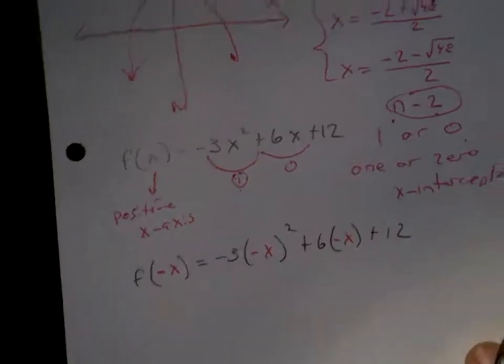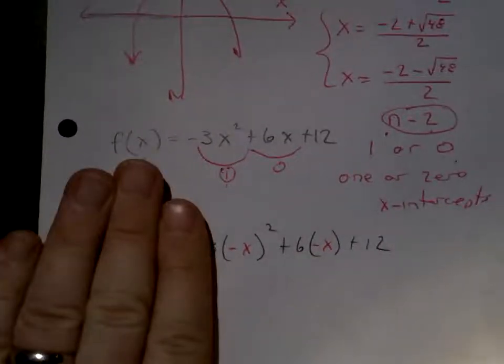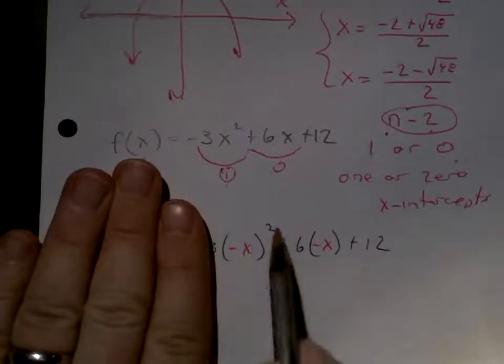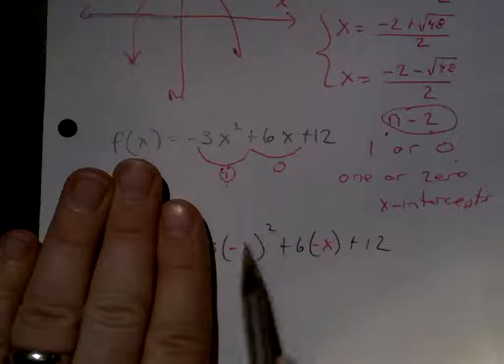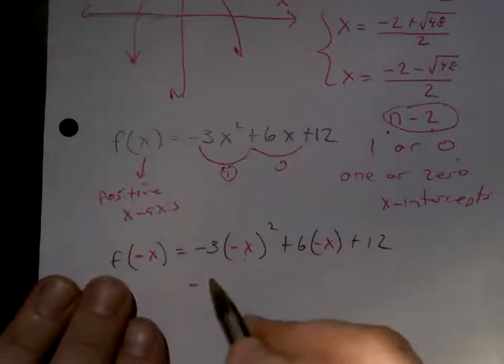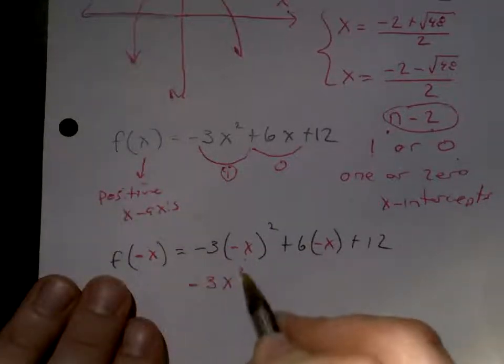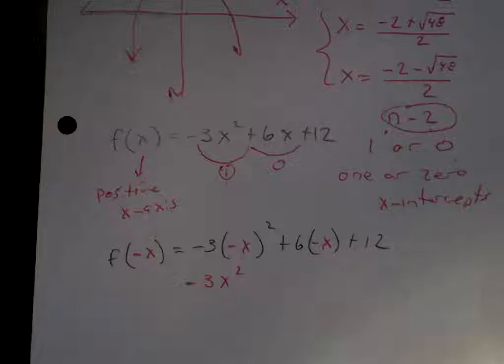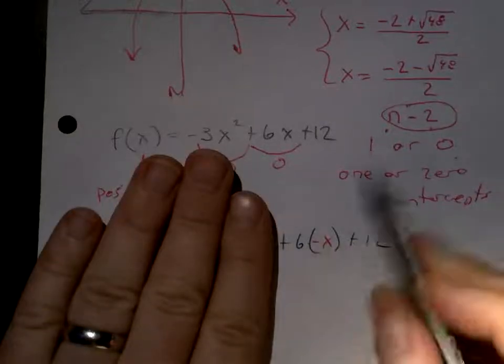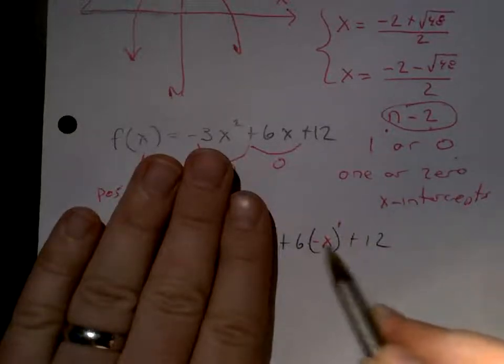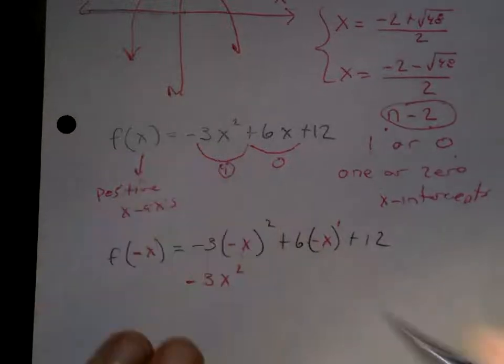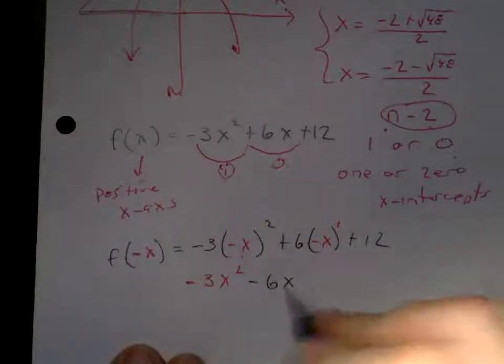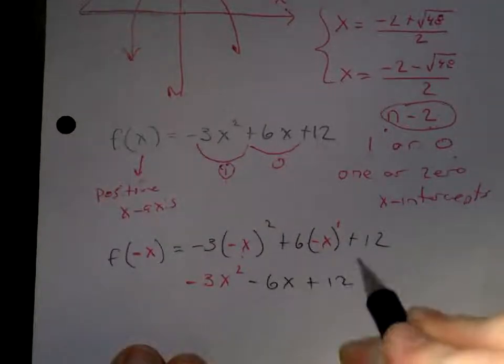Now, look at your degrees. That right there is going to still be positive. That's going to be positive. So that's going to be negative 3x squared. That doesn't change. Over here, there's 1 there. That's going to be a negative 6. So that's going to be negative 6x plus 12.